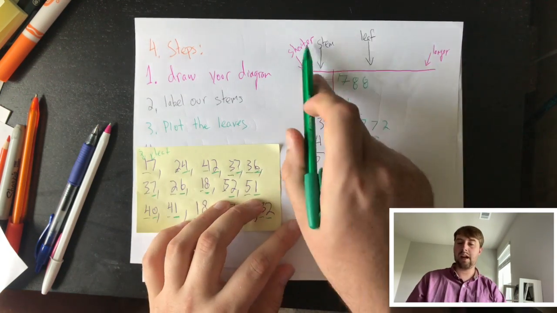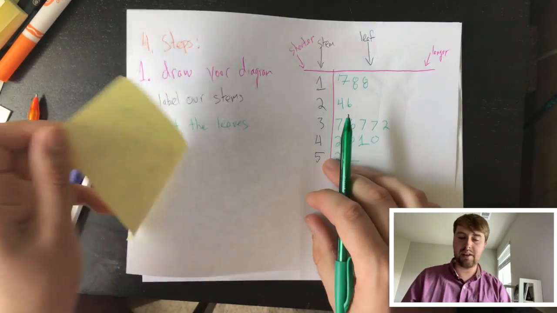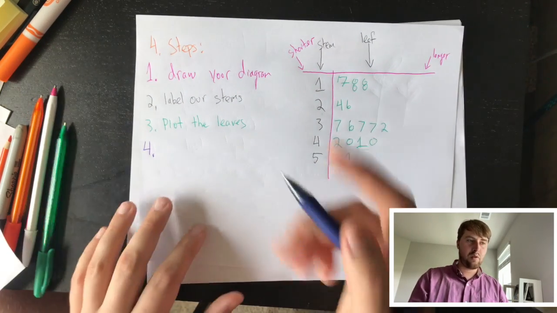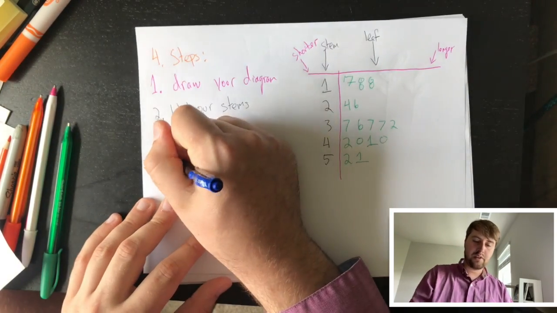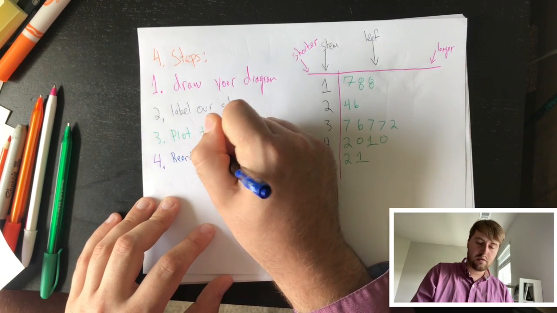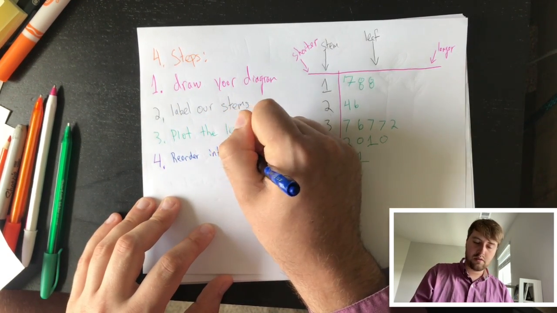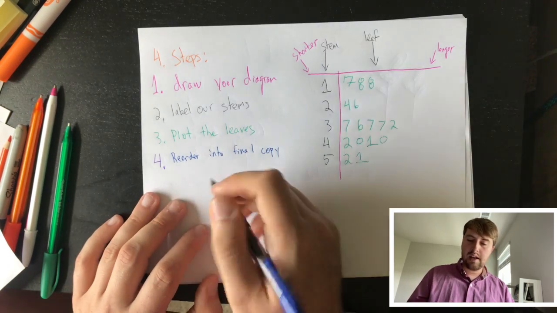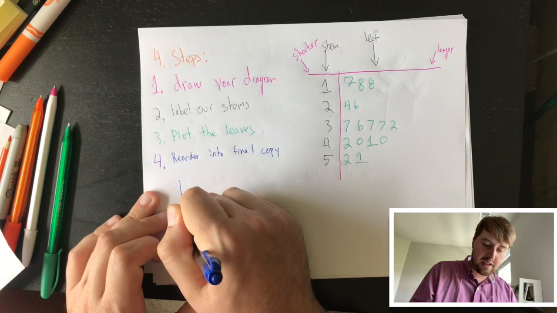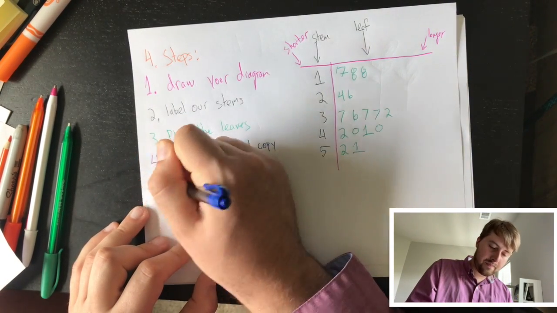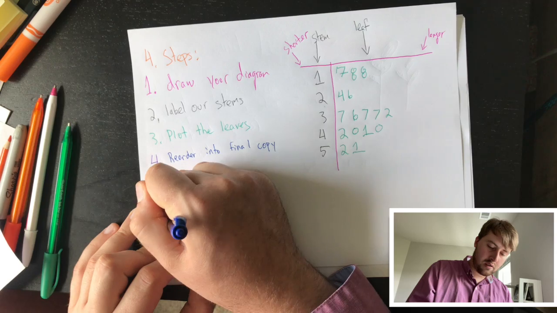So now we have our rough stem and leaf plot. All that's left is to do step 4, which is to reorder into our final. That's just saying, hey, we want these stems in order, least on top, down to greatest.